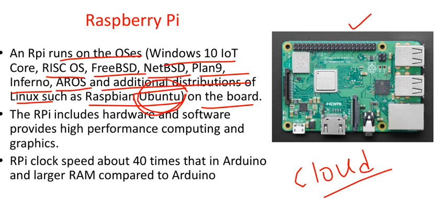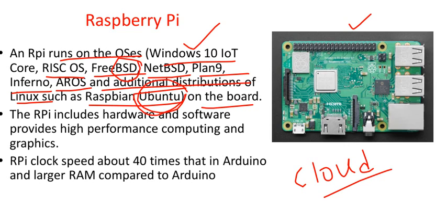FreeBSD. This BSD stands for Berkeley Software Distribution. It is not being used nowadays, and we all are very much familiar with Windows 10, right? So many operating systems support the Raspberry Pi.